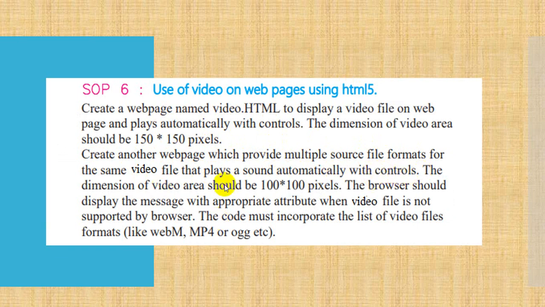And the dimension of the video area, we have changed the size of the video to 100. Then the browser should display the message, yes, the browser is displaying. When I open it in Safari, my browser says that this video file is not supported. And we have used different file formats, like WebM, MP4 and OGG.